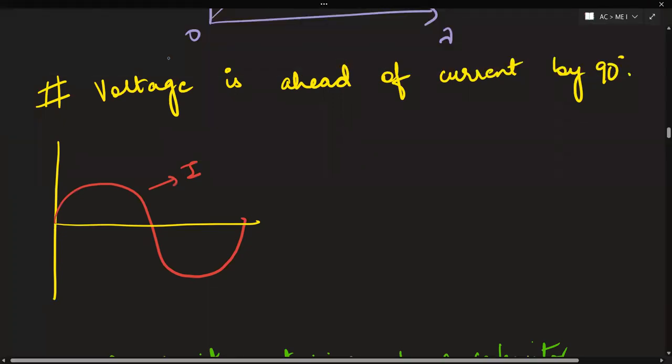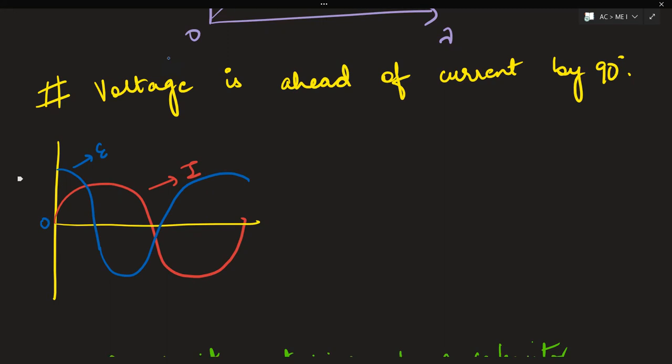It means it will not start from 0; it will start at 90 degrees and so on. This is EMF now. When the current begins its motion from the origin, EMF has already covered this 90 degree path. That is depicted here. I'll redraw it. Wait, class.